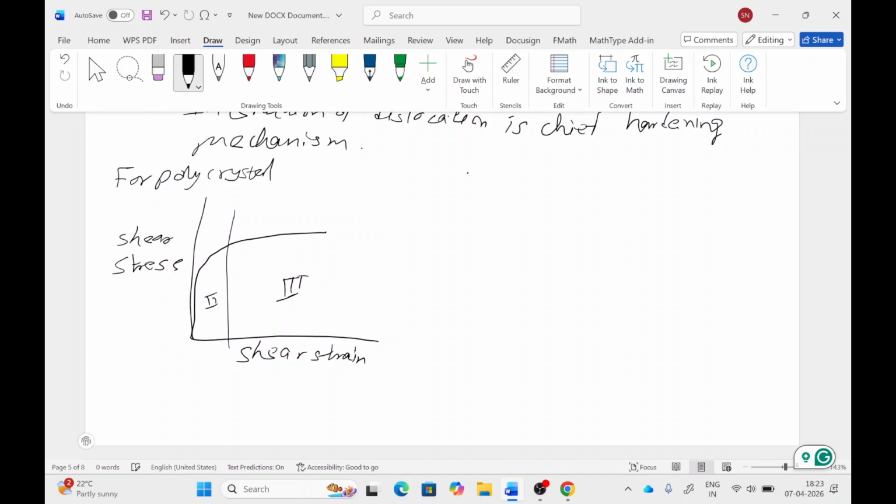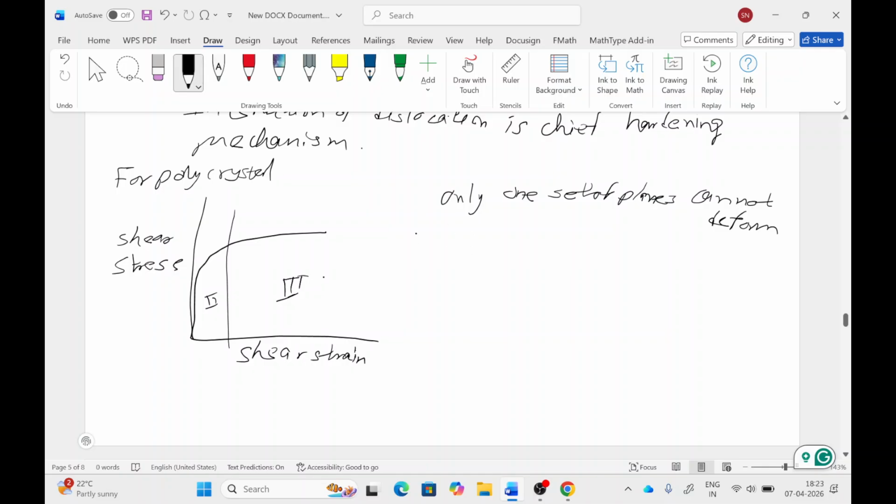So for polycrystal, only one set of planes cannot deform, because we know there are multiple grains, and multiple grains are multiple single crystals.